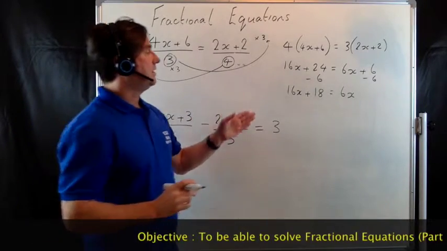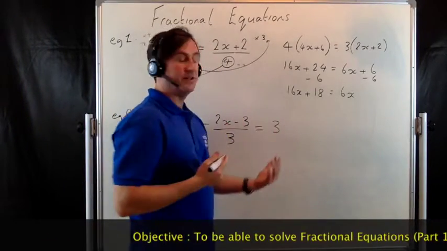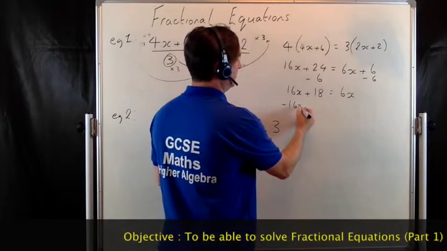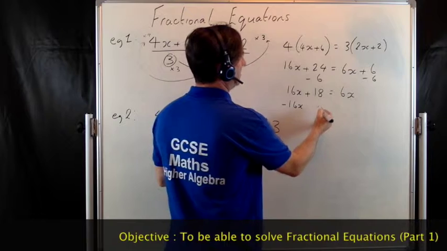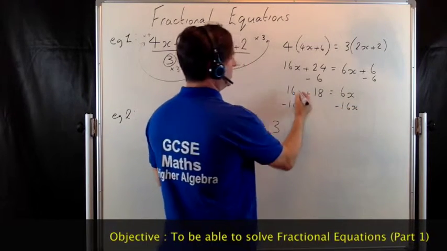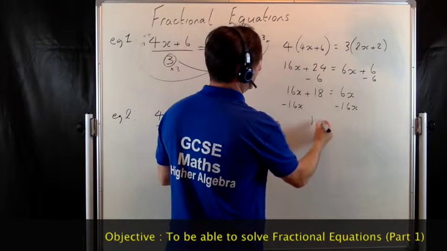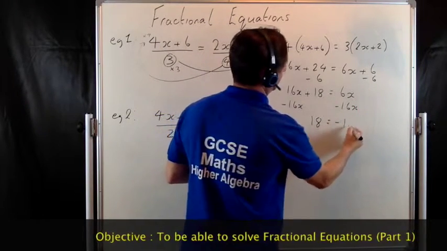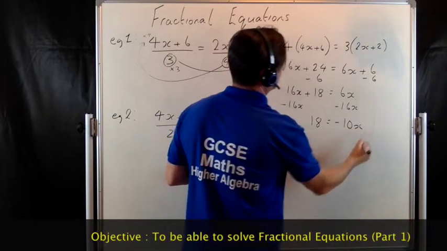I now need to get the x's on one side, the numbers on the other side. So what I'm going to do is take 16x away from this side, and take 16x away from this side, which leaves me here with 18, and on the other side I'm left with negative 10x.